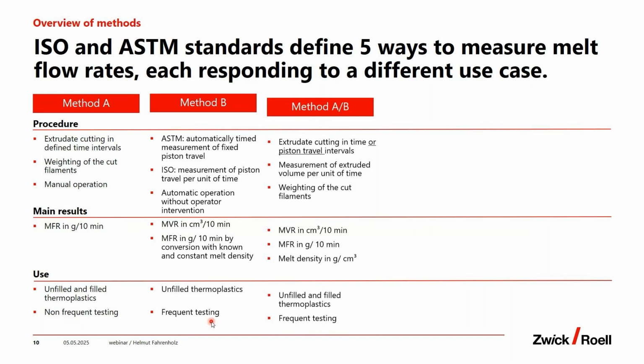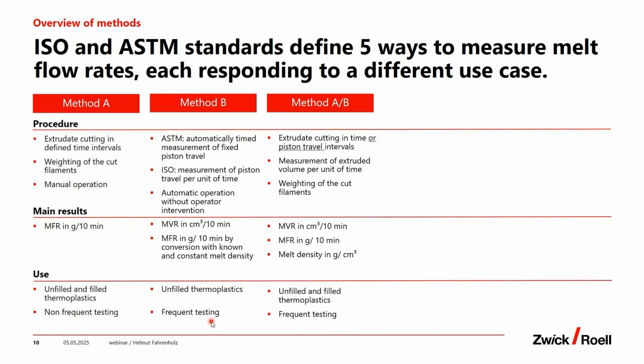But if we go on, we can combine method A and method B. It means we work in the method B mode using the travel transducer, but still use extrudate cutting. So this will allow us to determine the weight.